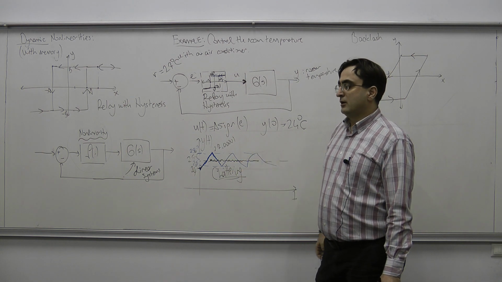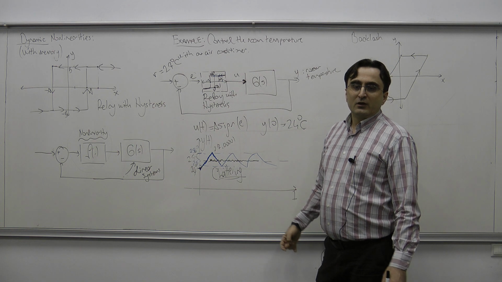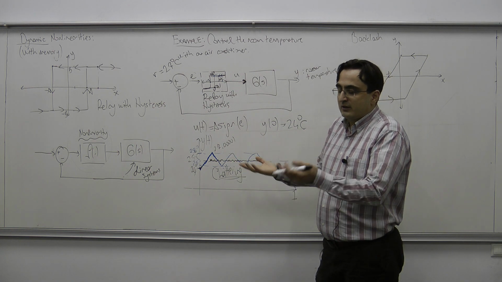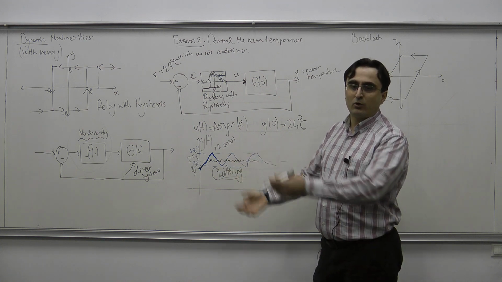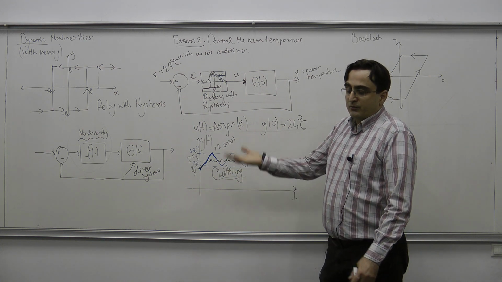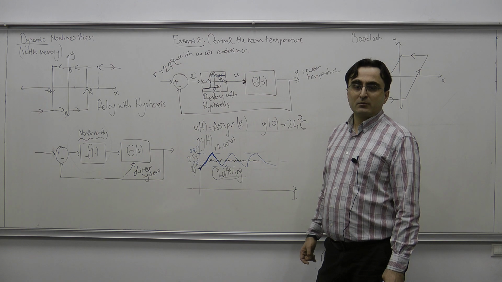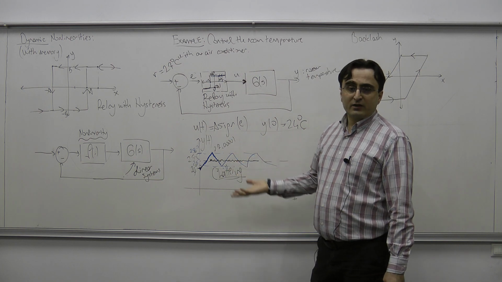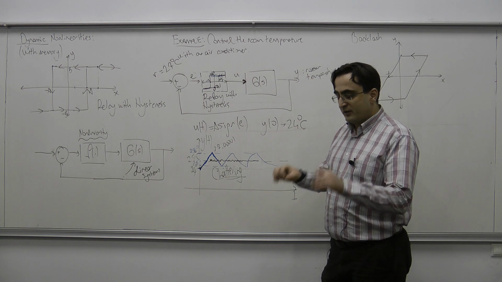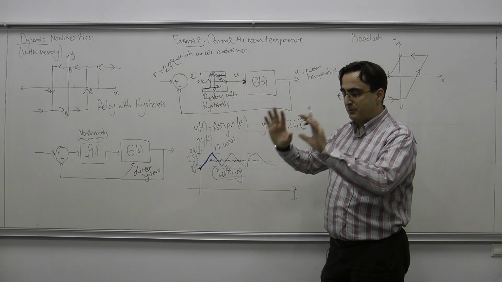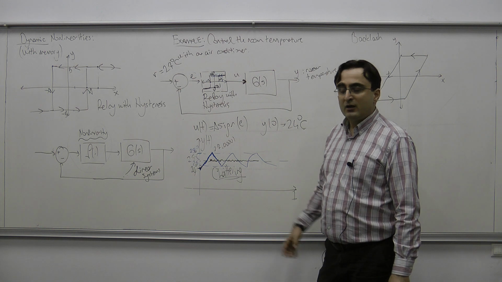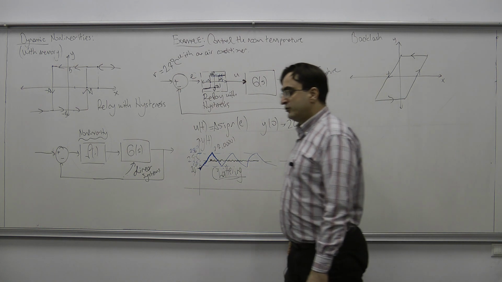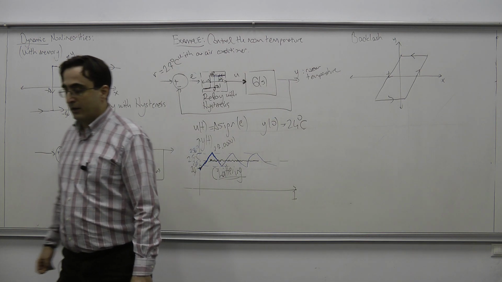Like, for example, the saturation element. We really do not want that saturation in the system. We would really like our motor to give us any torque that we would like. But the physical limitations of the electric motor are actually giving us that type of behavior. That is in the physics of the problem, and we are placing the nonlinearities there because of those physical restrictions, to be able to model the real system in a better way.